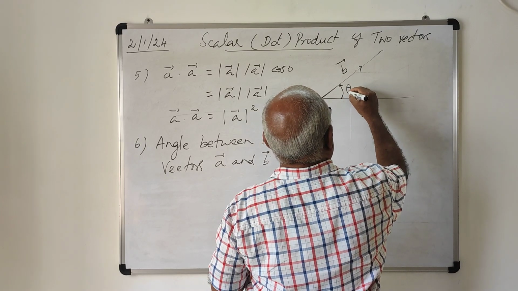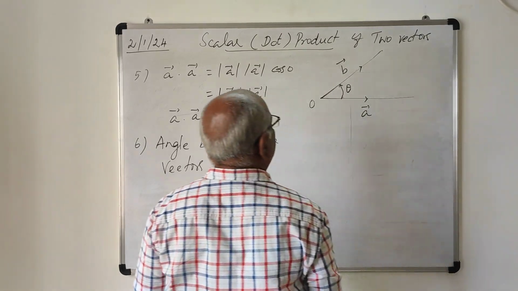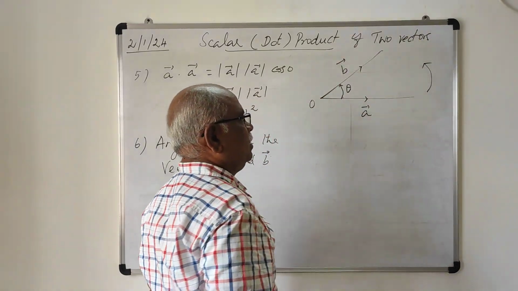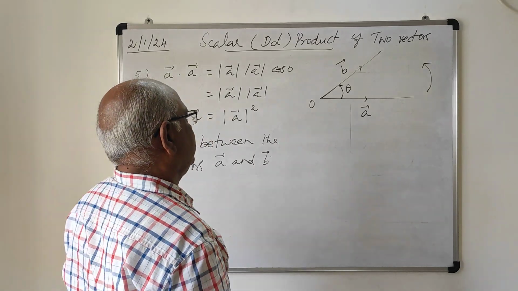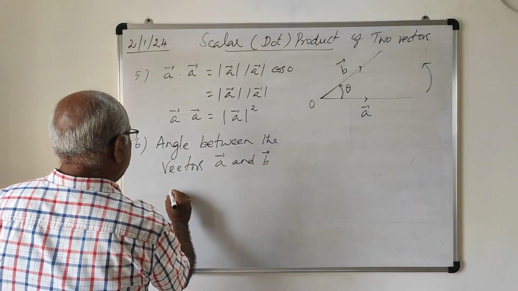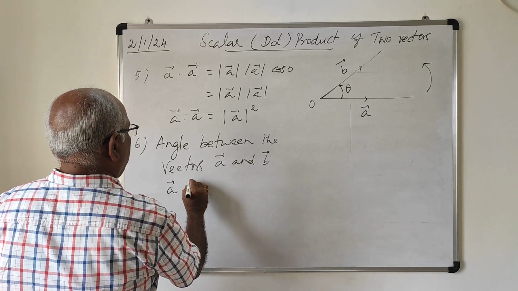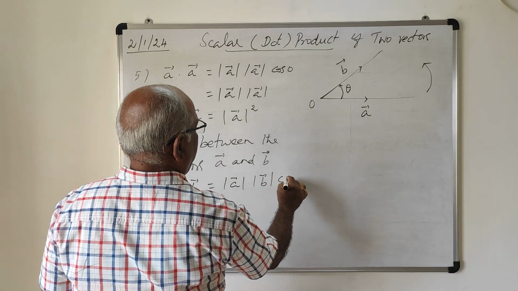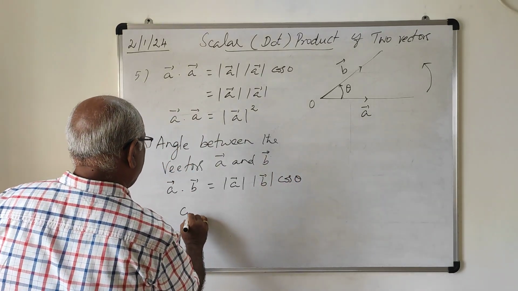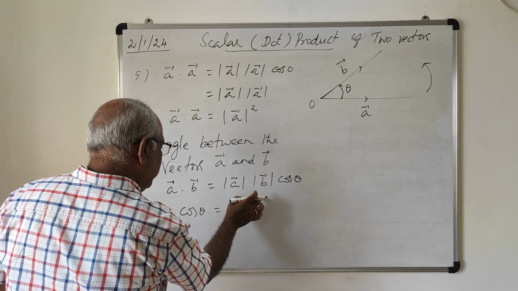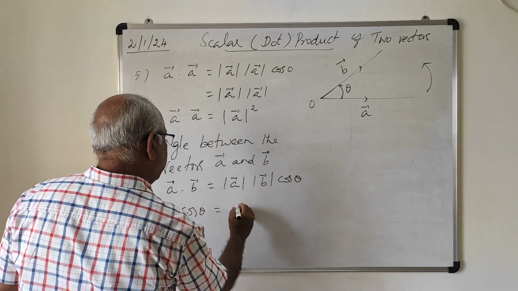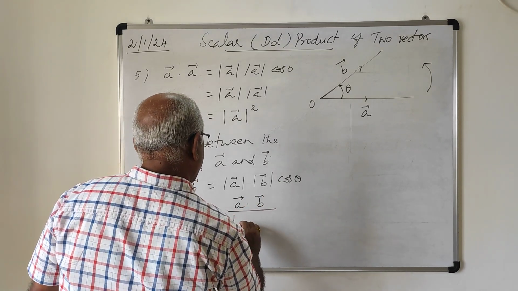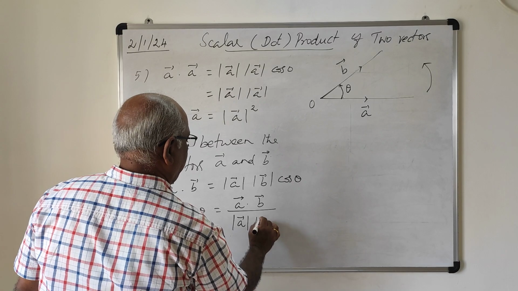So this is theta. Angle between A and B is theta. It should be calculated in the anti-clockwise sense always. Theta should be measured always in the anti-clockwise direction. Therefore, A dot B is mod A mod B into cos theta. From this, you bring mod A mod B to the left hand side, you will get cos theta equal to A dot B by mod of A into mod of B.